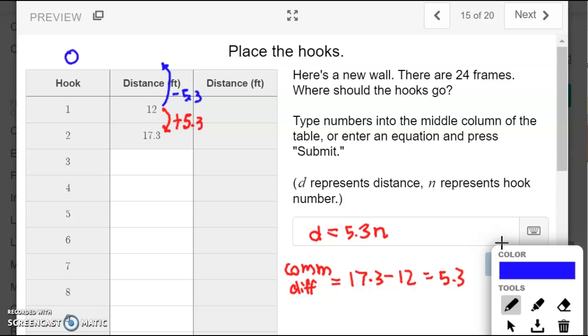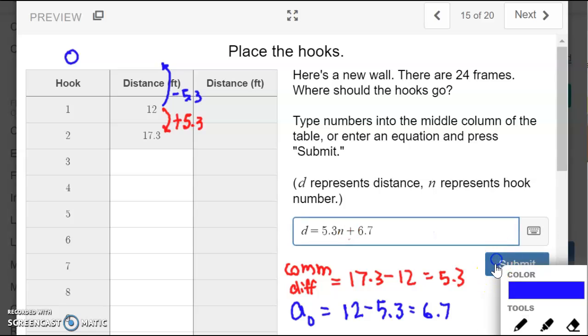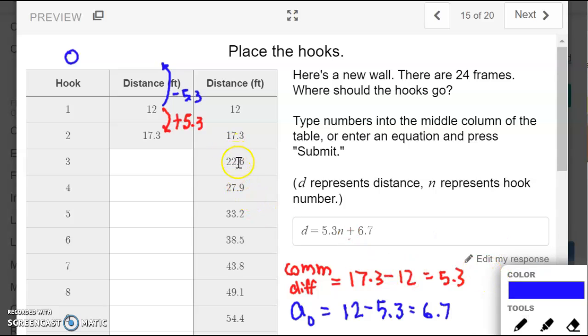So the zeroth term, a sub 0, is 12 take away 5.3, and that's going to be 6.7. So the equation is going to be 5.3n plus 6.7. I am going to type that in and submit it, and it should fill the table for us.